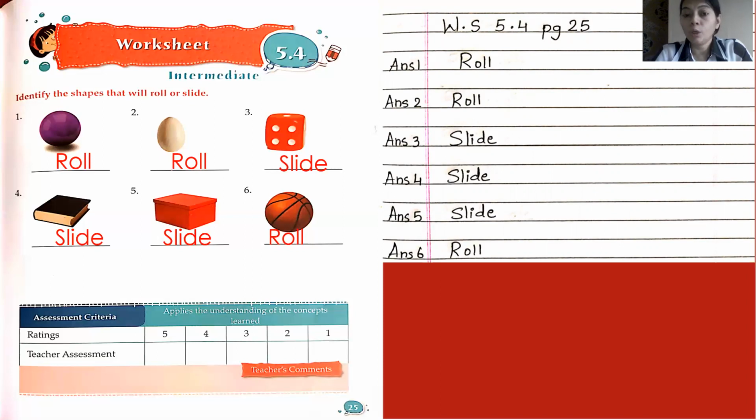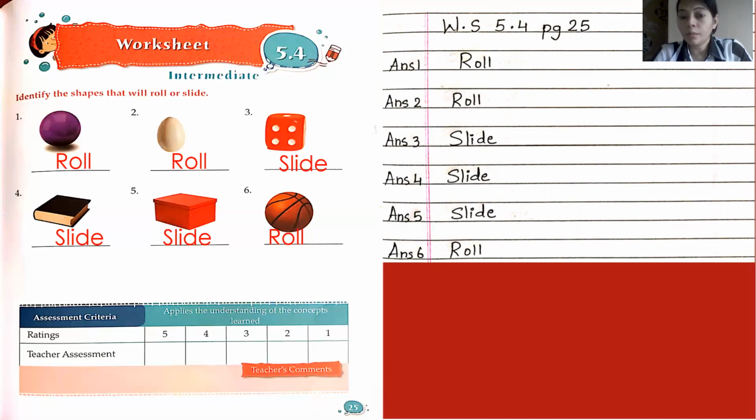ANS and number 2. Then inside the margin, you are going to write the answer roll, ROLL, roll. Again, children, leave one line and write answer 3.